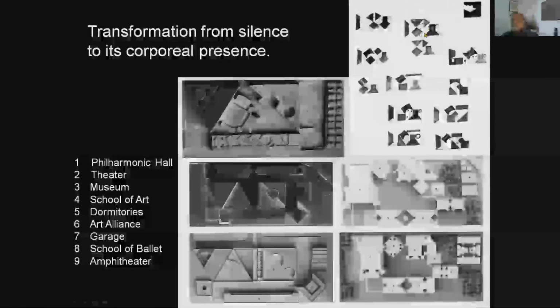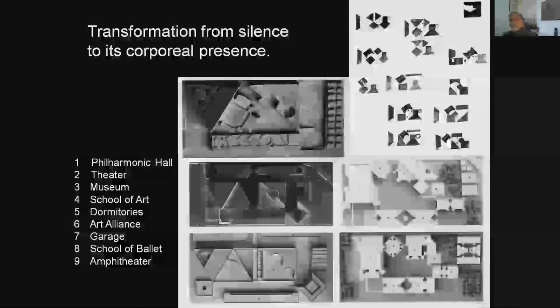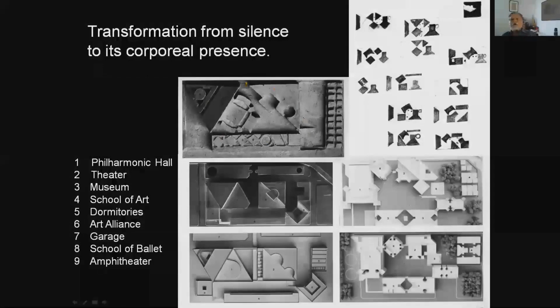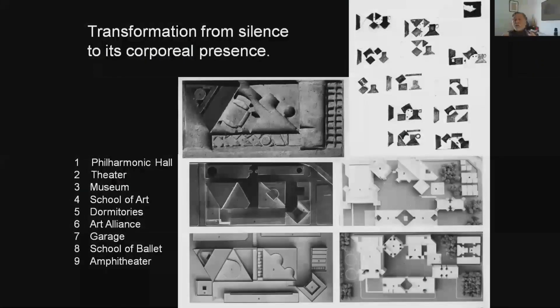So each one tells him something, and each one says, no, not yet. So that process goes on and on. Simultaneously, there are a series of models made, each one again an exploration, not a solution of a problem, but an exploration of what this center is. What does it want to be? What is that which it wants to express?